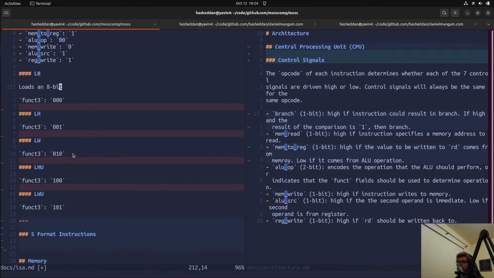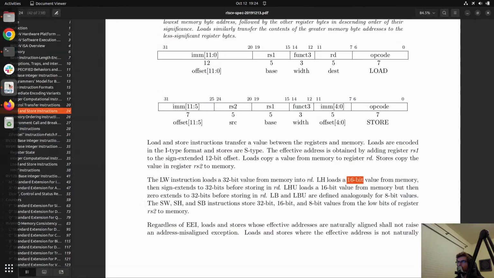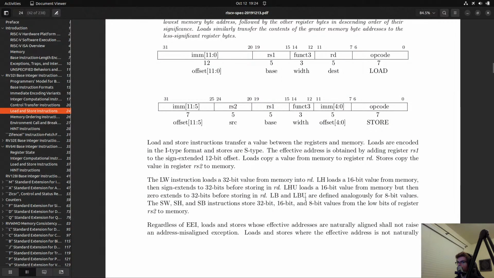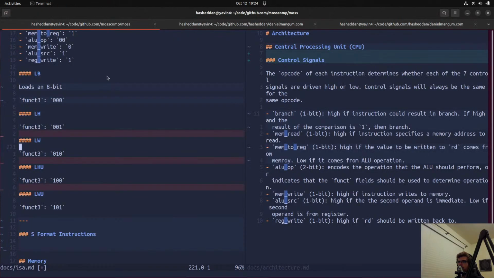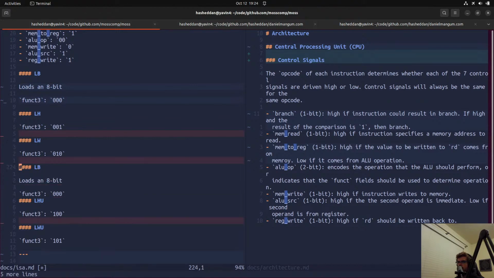Why is there no LBU? Or perhaps I just missed LBU. Yeah, I did. Okay. Nope, I want that here.